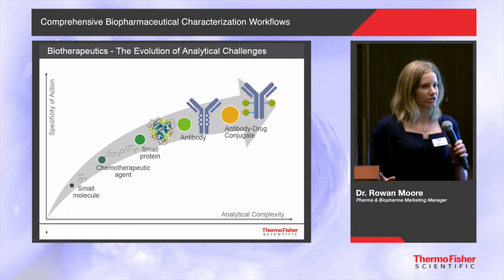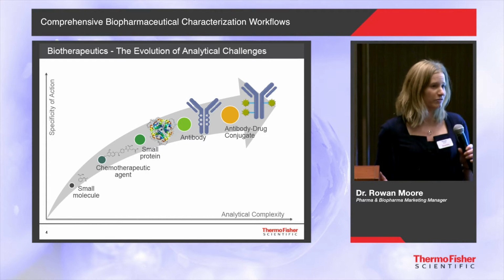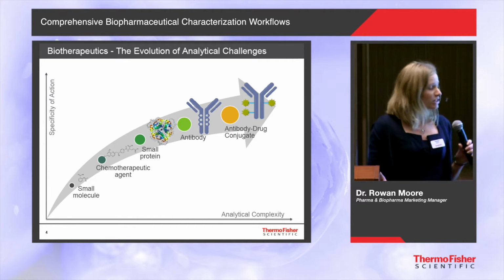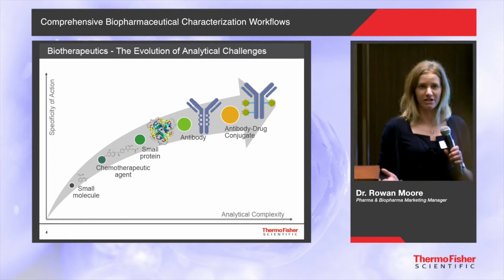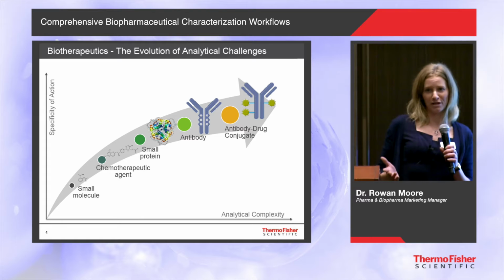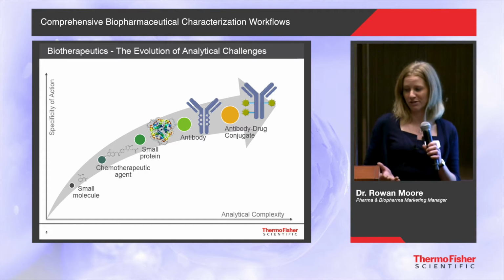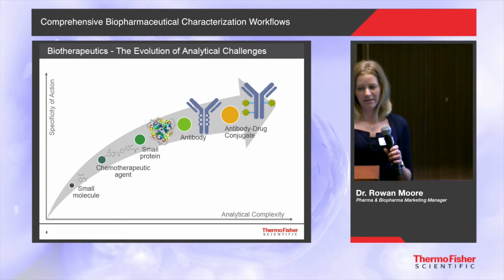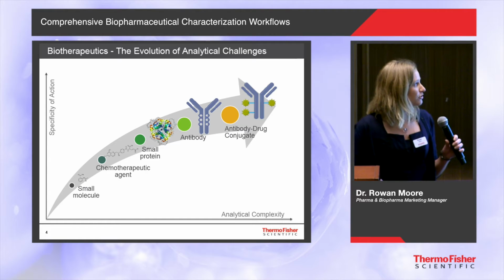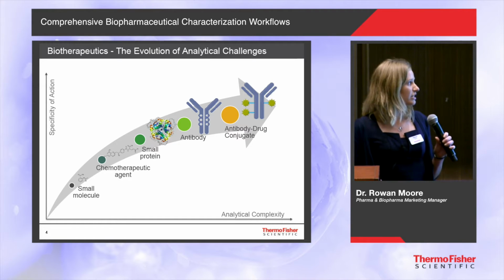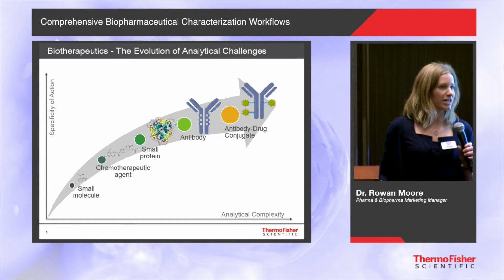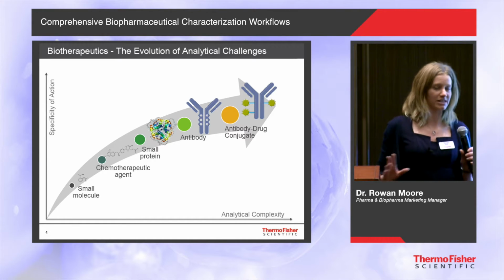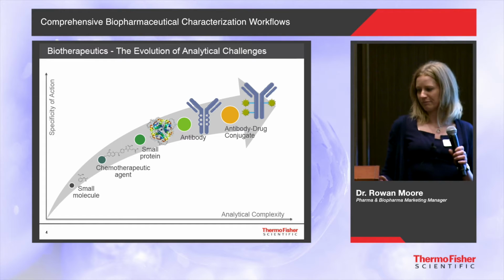A small protein such as insulin, with a molecular weight of 5,800, was heralded as the first true biotherapeutic after Eli Lilly gained FDA approval in 1982 for biosynthetic insulin. The first monoclonal antibody drugs were licensed around 30 years ago now, and these really offer specificity in action because they're able to bind to and flag disease-causing cells for destruction.